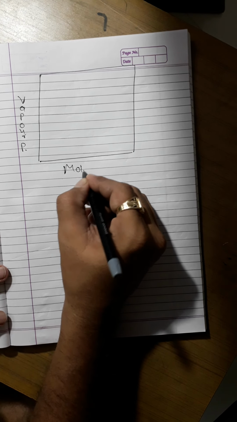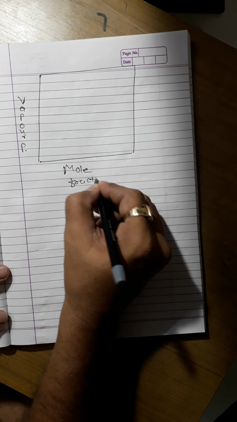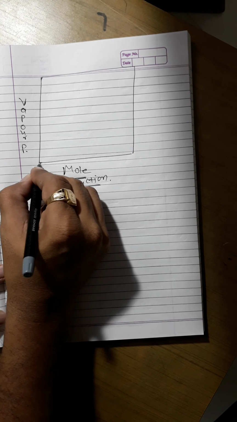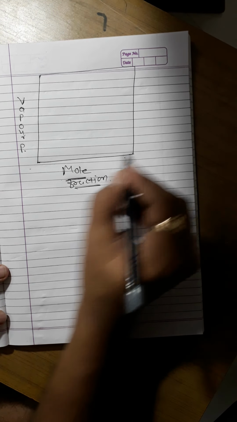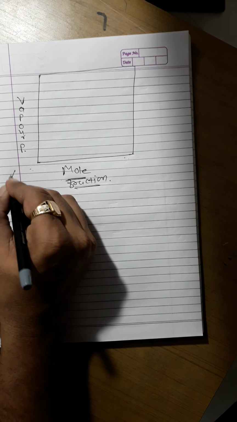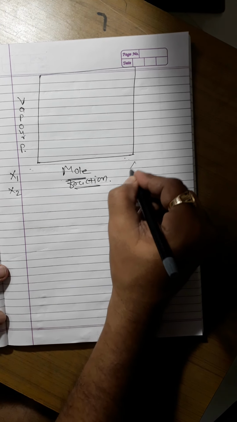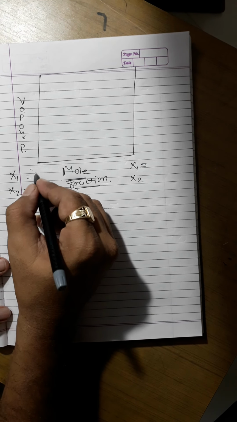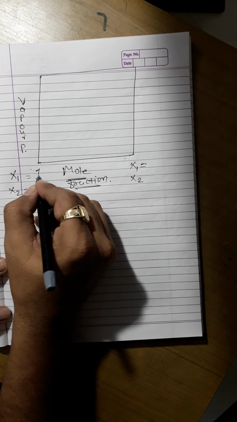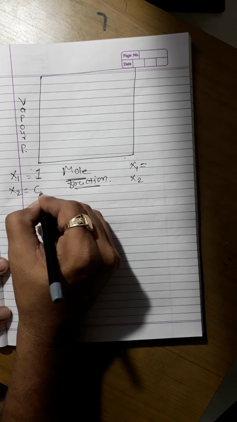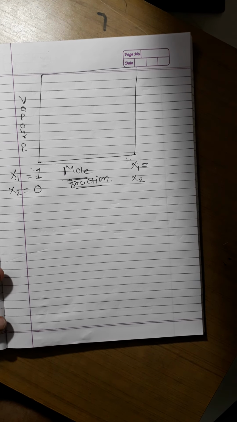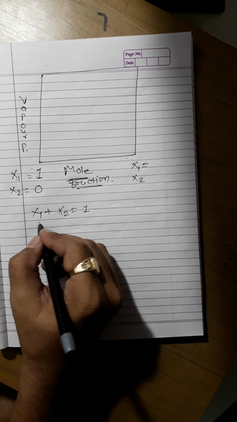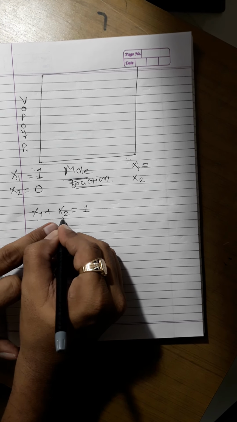Mole fraction is taken here on the x-axis. Okay, friends, now we have these 1 and 2 different conditions. Suppose x1 and x2, both are taken, friends. If, for example, I take the value of x1 as 1 here, then automatically x2 will be 0, because total x1 plus x2 is 1. Therefore, if x1 is 1, then x2 will be 0.